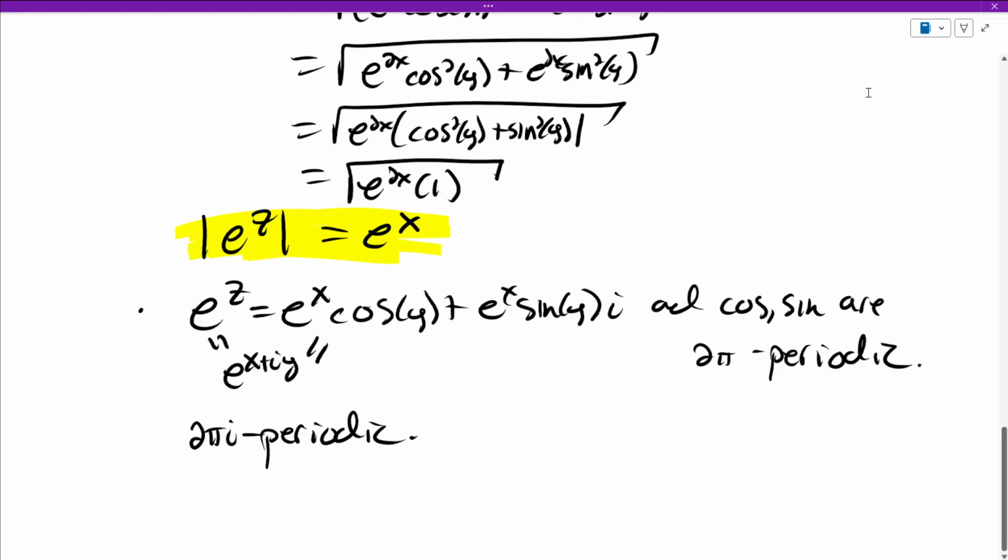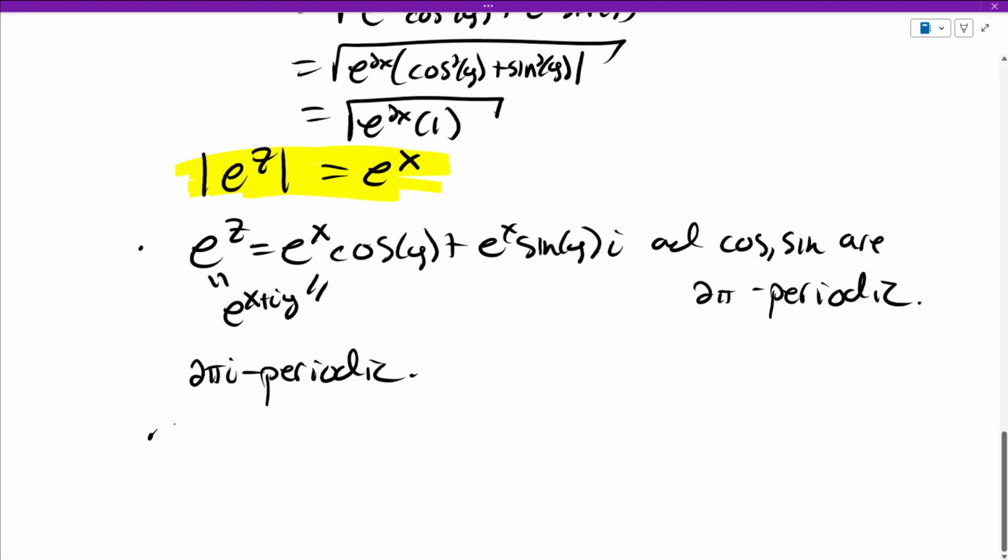There are a couple more complex analytic things to point out as well. Since this y is our angle, the argument of e to the z is just our theta, and it's going to vary.